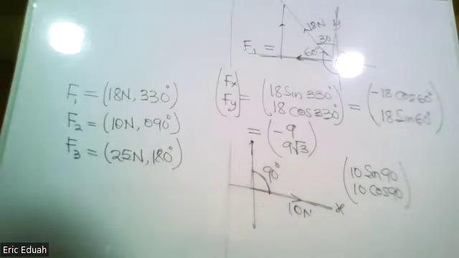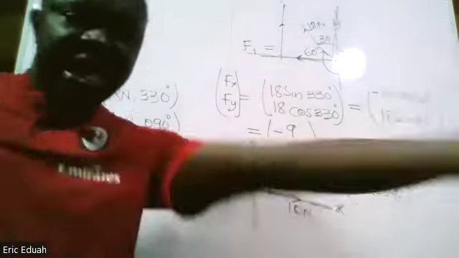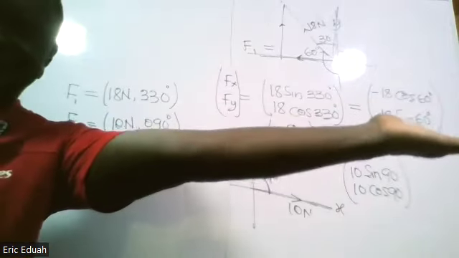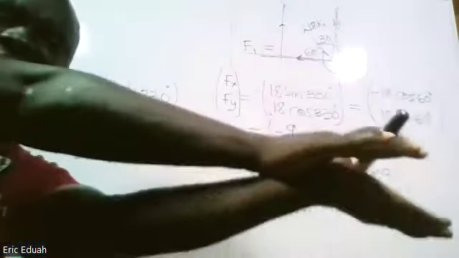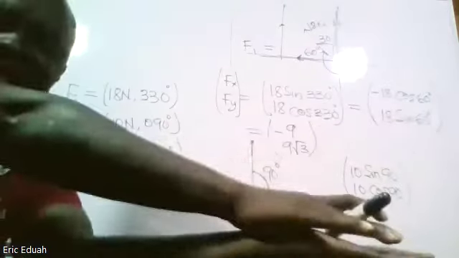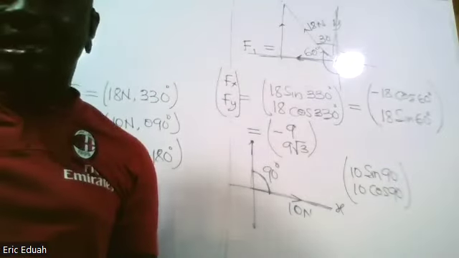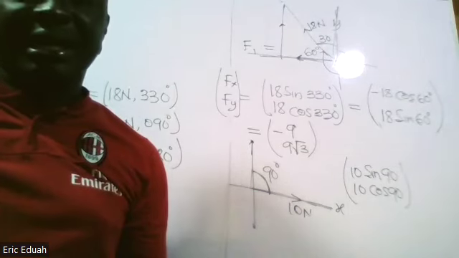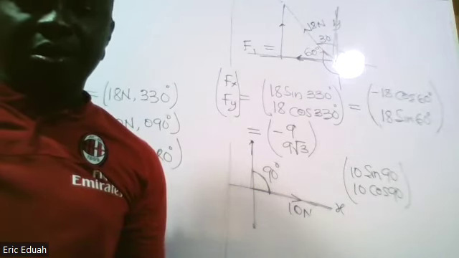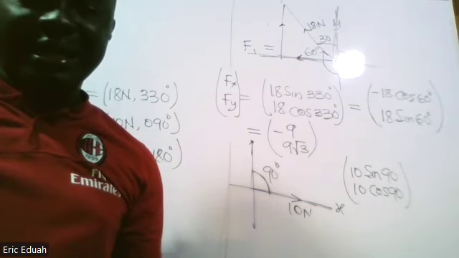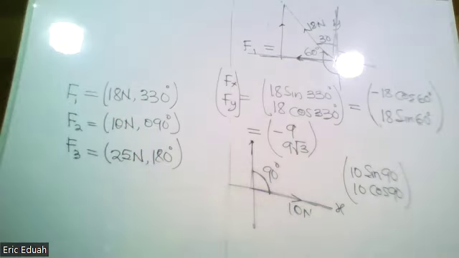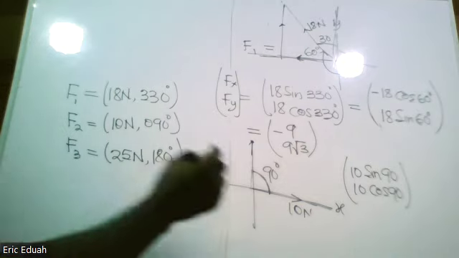Okay, so the force lies on the x-axis, directly. If my hand is the x-axis and the other hand is the force, the force exactly lies on the x-axis. And what angle does it make? Okay, so it's 0 degrees.